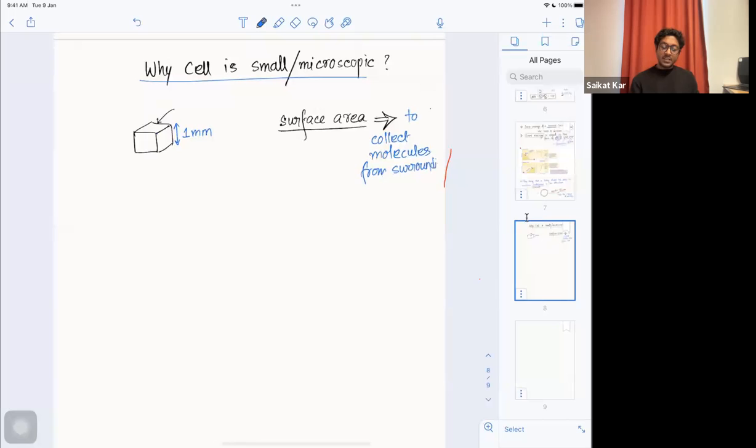And also surface area is needed to release the waste product that is being formed inside the cell. So high surface area is needed to collect molecules from the surrounding and release waste to the surrounding.